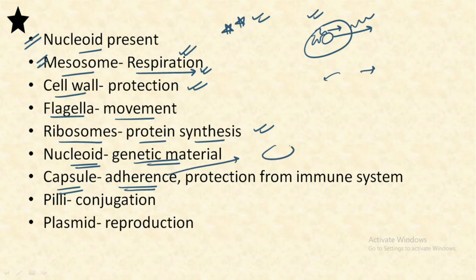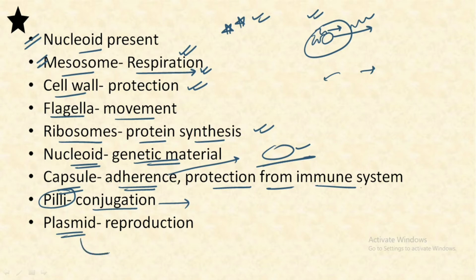Adherence means the attachment of the bacterium to a surface, and it also helps in protection from the immune system. We also have some pili present in the bacterium which help in conjugation. And what is conjugation? Conjugation is a method of reproduction in the prokaryotes. And lastly we have the plasmid, which also helps in reproduction.